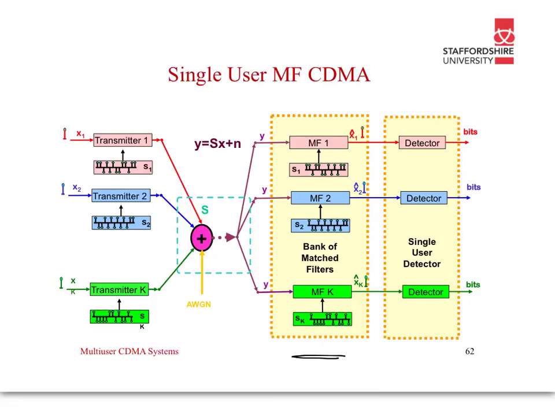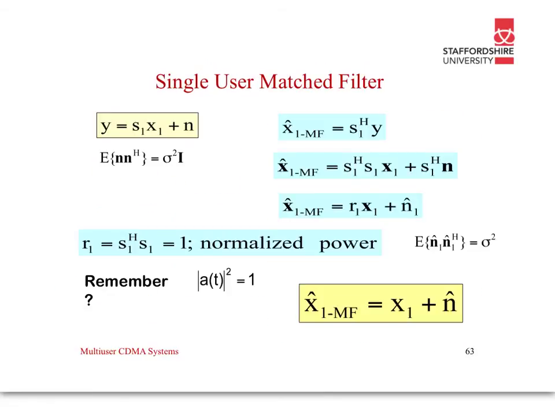For a single matched filter, single user, our Y consists of the signature, or our code 1, times our bit 1, plus our noise.